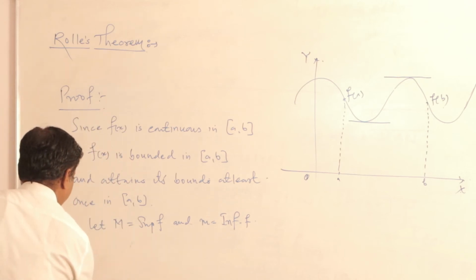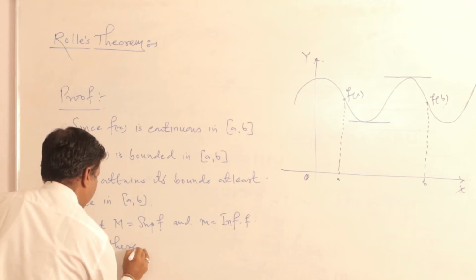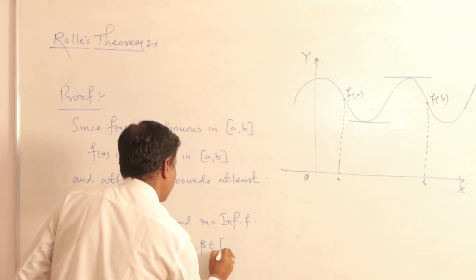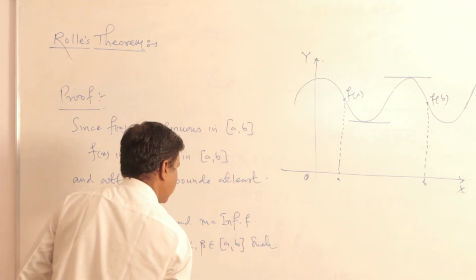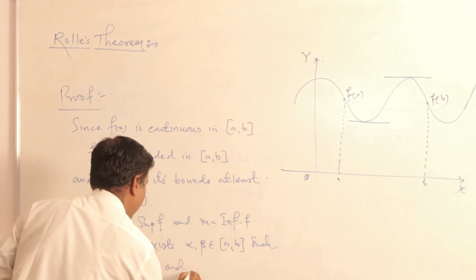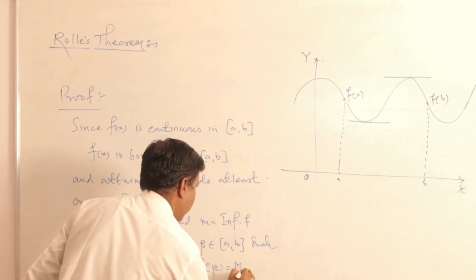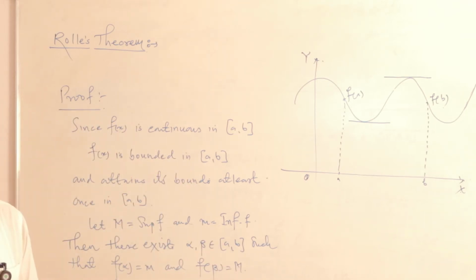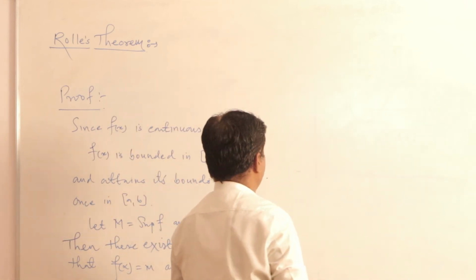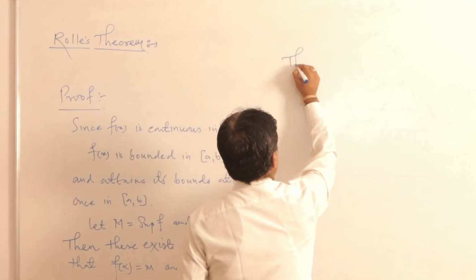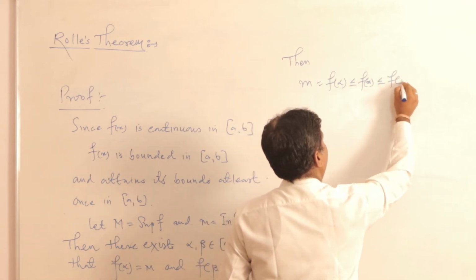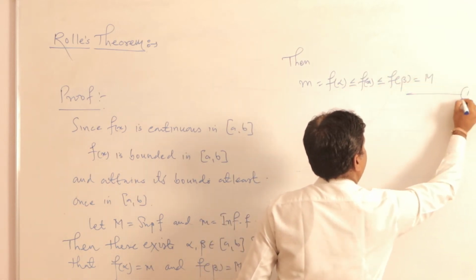Then there exist alpha and beta belonging to the closed interval [a, b] such that f(alpha) is equal to m and f(beta) is equal to capital M. Then m = f(alpha) is less than or equal to f(x), which is less than or equal to f(beta) = M. This is equation number one.